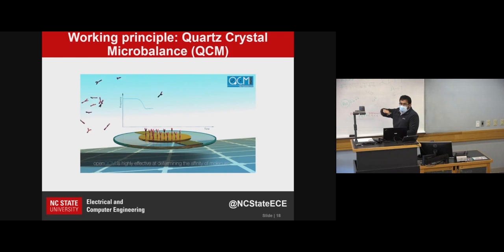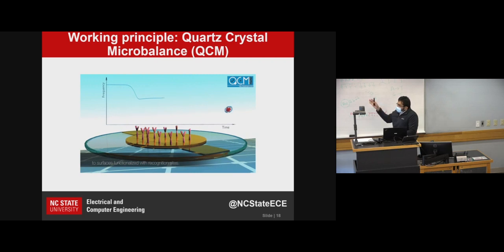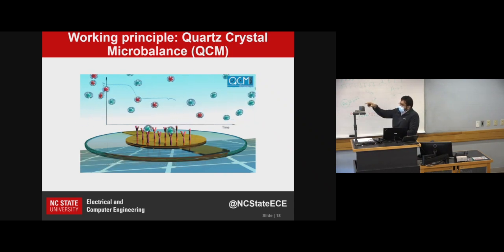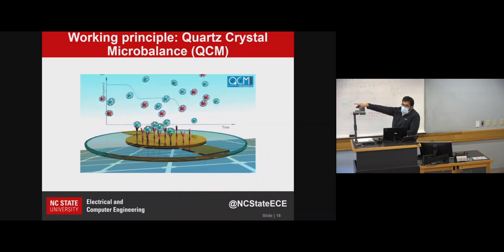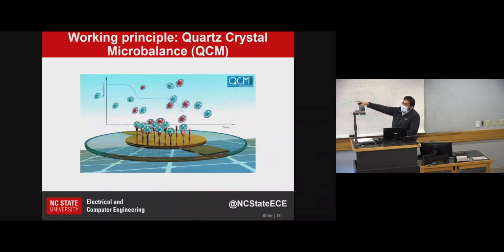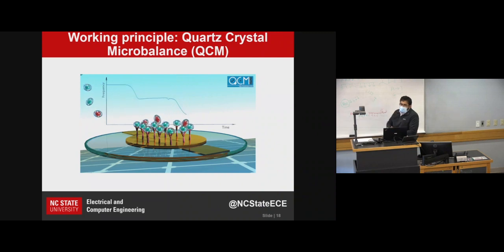Now this surface has become selective to a particular chemical. Now you flow your sample. This red one is not selective, so it is not attaching, it just goes away. But the blue one is, and that's why only the blue one attaches, and as you can see in the plot, the frequency goes down, the frequency shifts, because only the actual analyte interacts. Does that make sense?